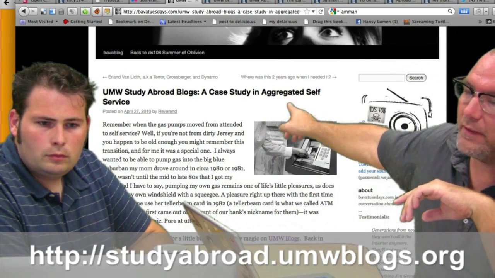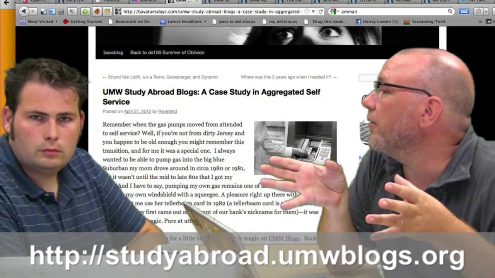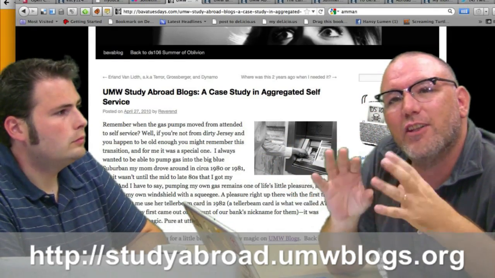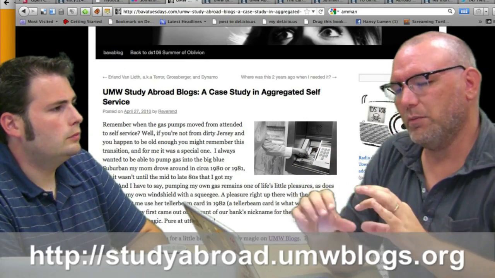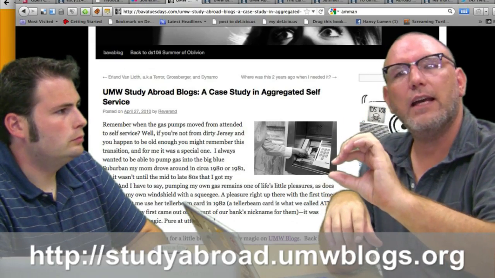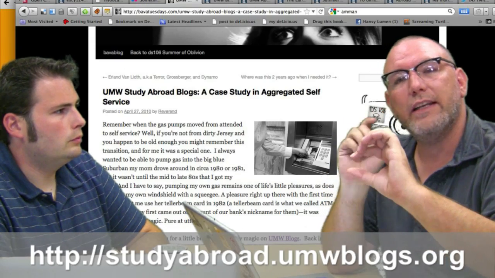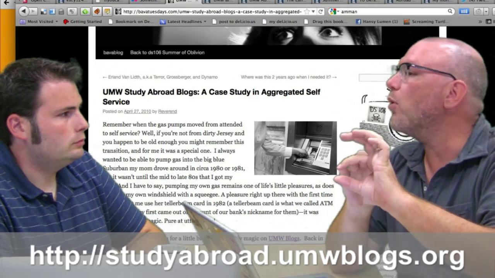Using the ATM as the early model of self-service money. One of the things we did on this Study Abroad blog back in January of 2010, as an experiment, is put a little link space in the sidebar, talked about what the site was, and said if you are using a UMW blog and blogging your study abroad, drop off your URL.